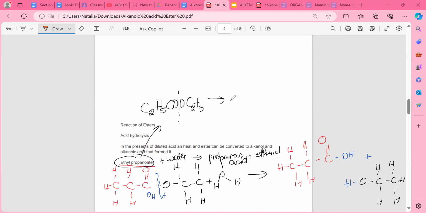So to the acid part, which is the first part, we're going to add OH. And to the alcohol part, we're going to add H, so we'll do C2H5OH. So put it back, like how the alcohol is written. Clear?